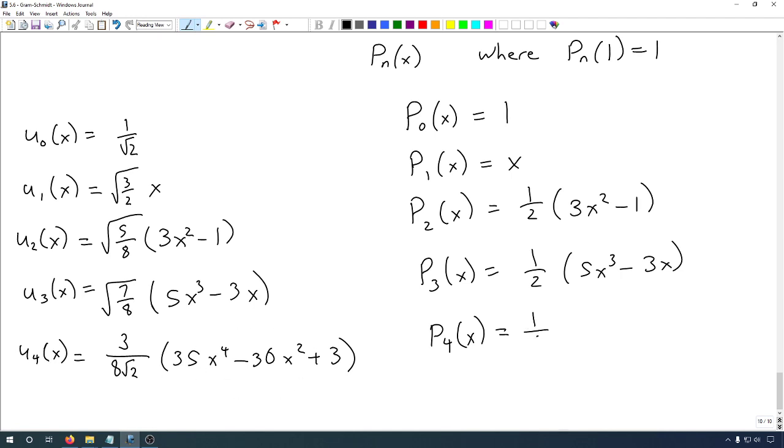So we'll get a 1/8 times that polynomial of 35x to the 4th minus 30x squared plus 3. And again, the important thing is that we have a degree 4 polynomial that is orthogonal to these up here. In fact, it's orthogonal to any cubic, and it satisfies the condition of p4 of 1 equals 1.